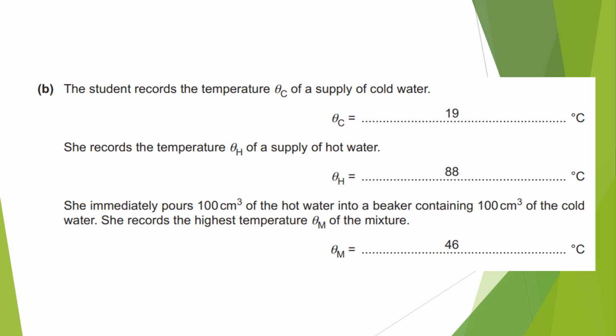She records the highest temperature theta m of the mixture. So m stands for mixture. After mixing, the temperature of the mixture is 46 degrees Celsius. Remember, this is recorded by the student who is performing this experiment.